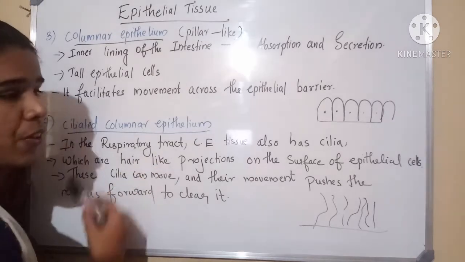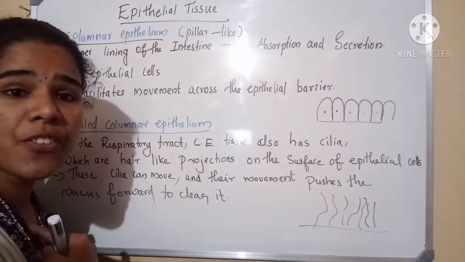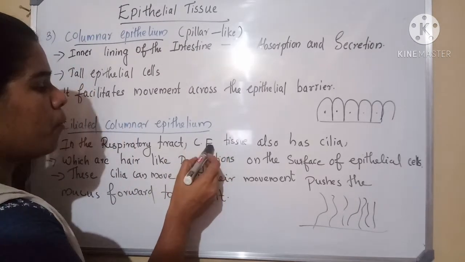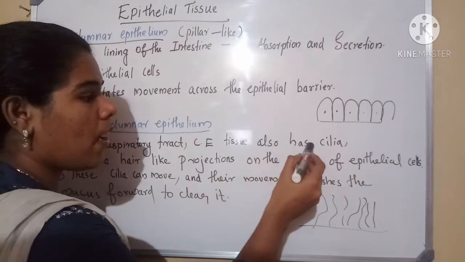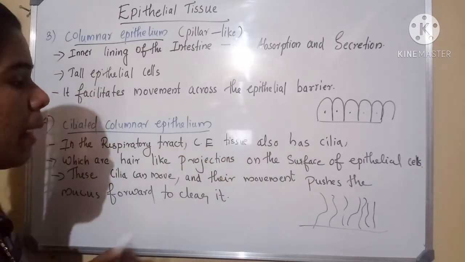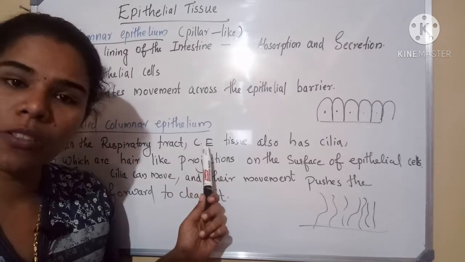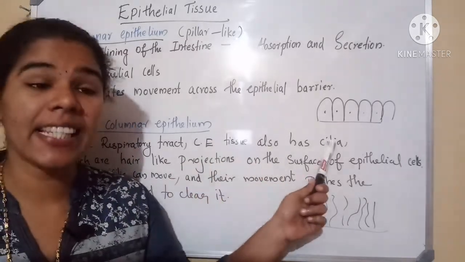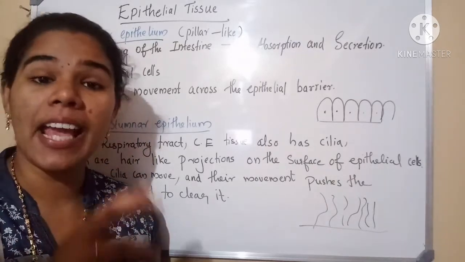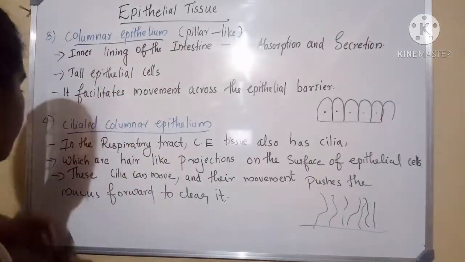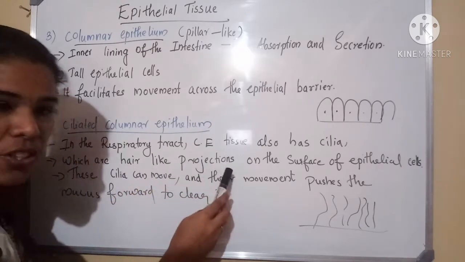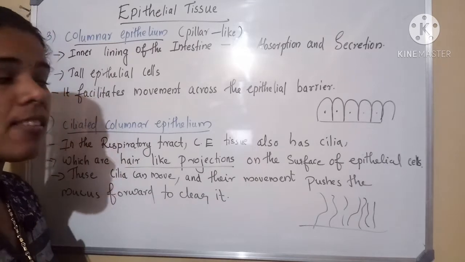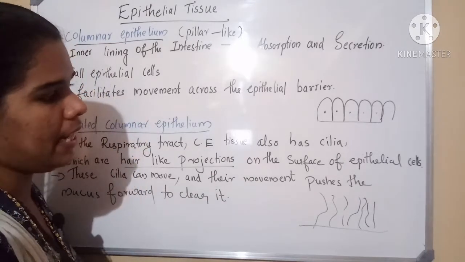In the respiratory tract, the columnar epithelial tissue also has cilia, which are hair-like projections on the surface of the epithelial cell.